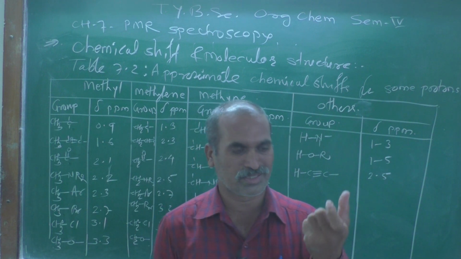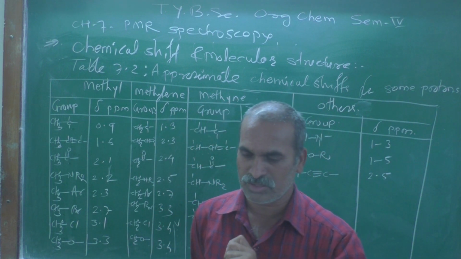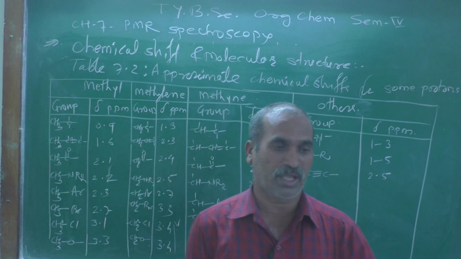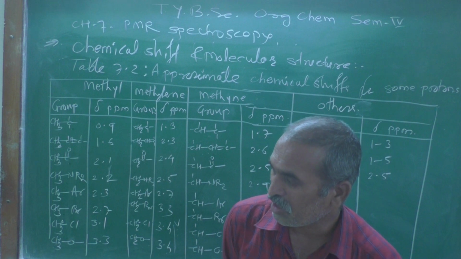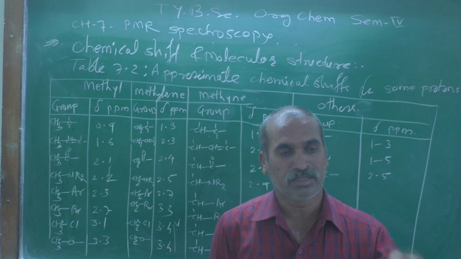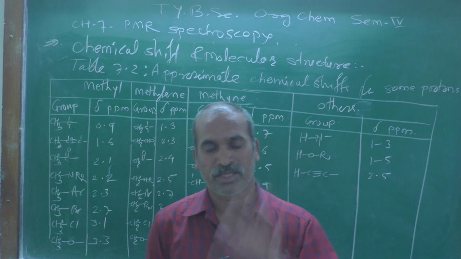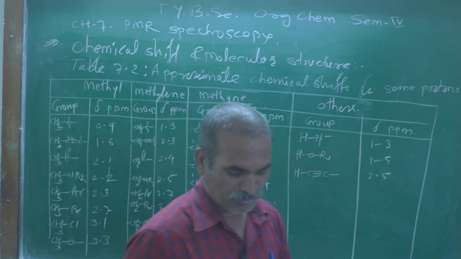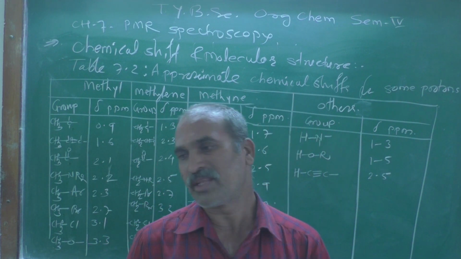One zone is called the shielding zone, another the de-shielding zone, and in this case the protons of acetylene fall in the shielding zone, and that's why the chemical shift value is found to be 2.5.